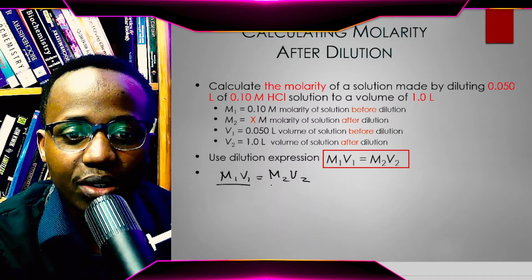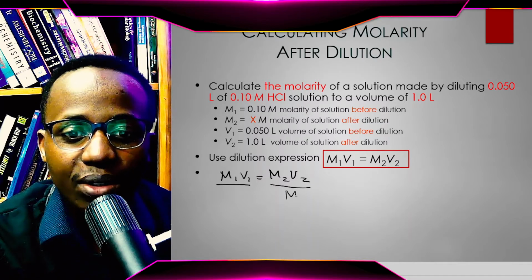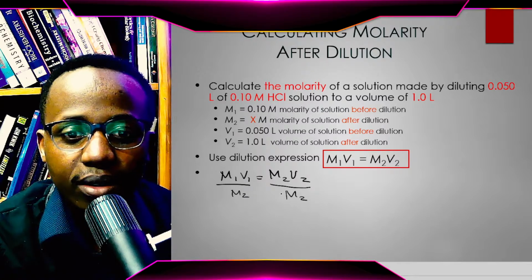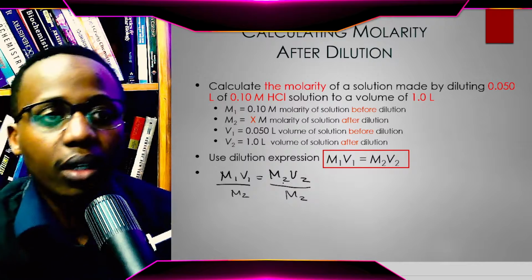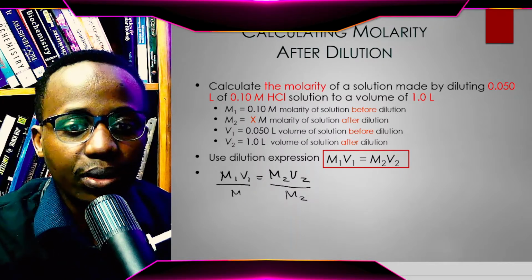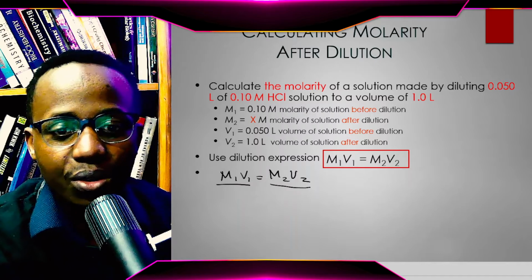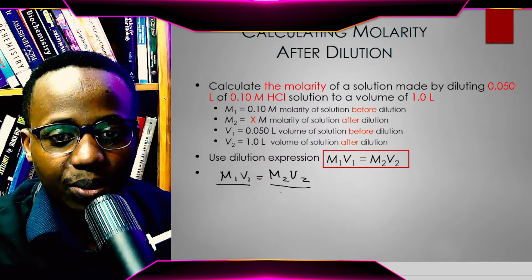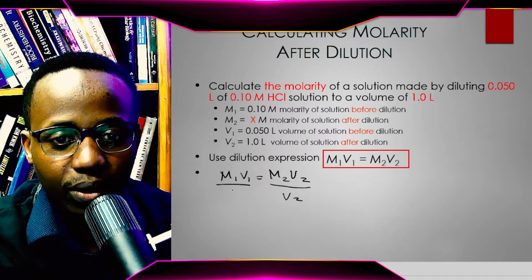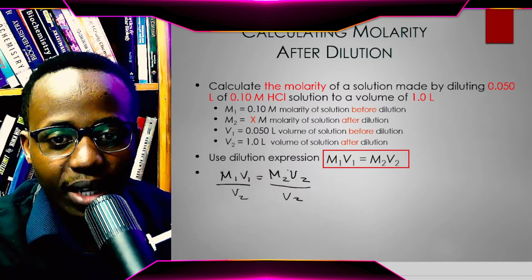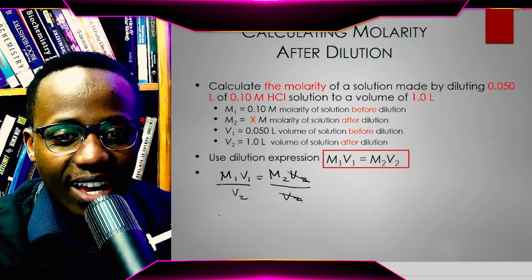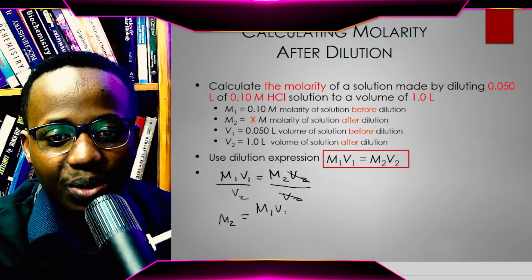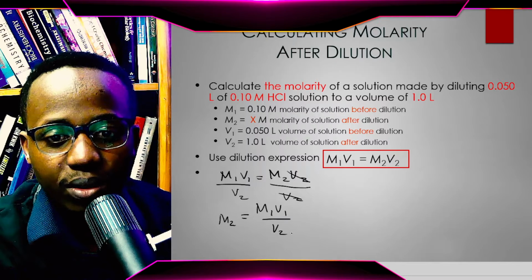You divide both sides by what's next to M2, which is V2, so that they can cancel here, and M2 is equal to M1V1 over V2, right?